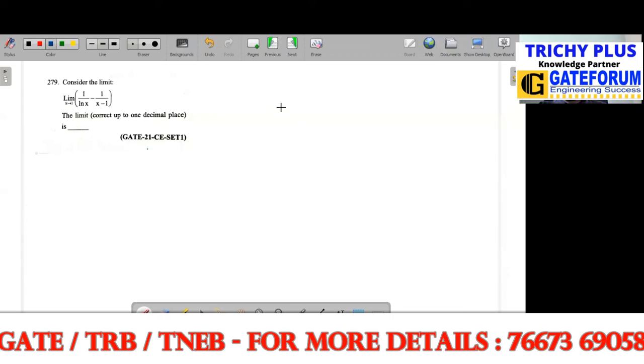You need to use the L'Hospital rule for getting a quick answer. For that, you have to tweak the given equation into 0 by 0 form or infinity by infinity form. You have to modify the function in such a way that you get f of x by g of x. That is the goal.